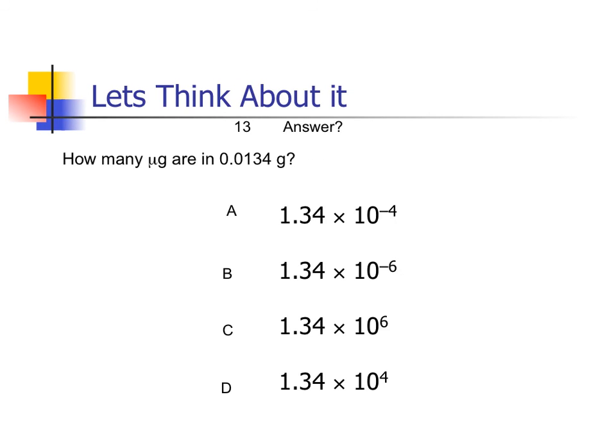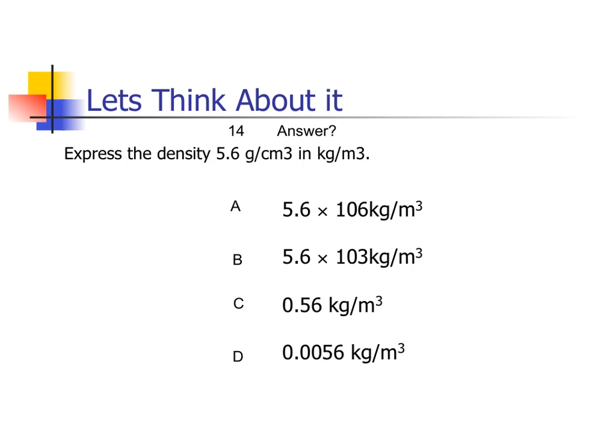How many micrograms are in 0.0134 grams? Express the density of 5.6 cubic centimeters in kilograms per cubic meter.